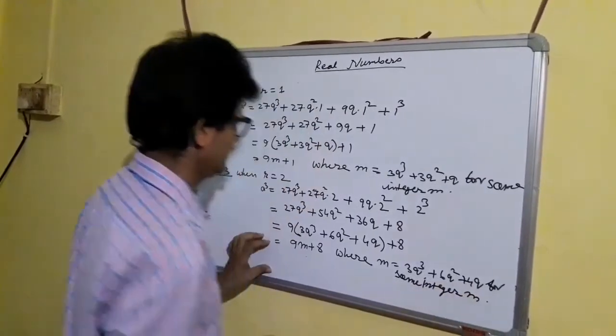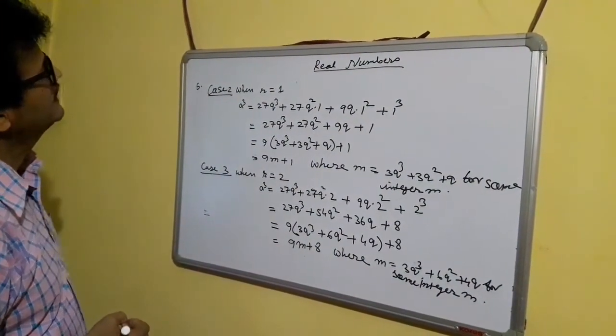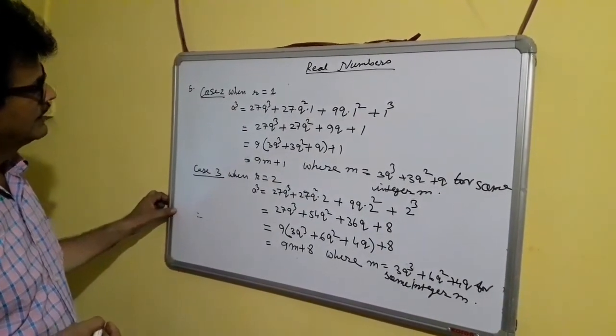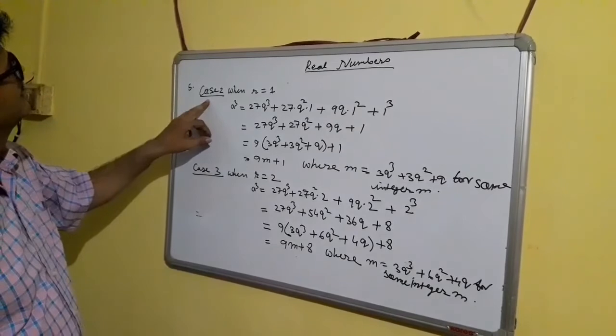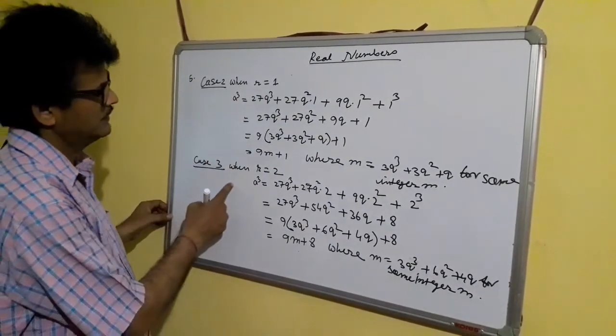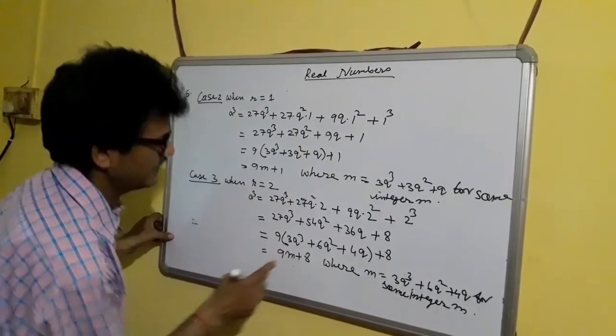So we see that in the first case a cube is equal to 9m. In the second case a cube is equal to 9m plus 1, and in the third case when r is equal to 2, a cube is in the form 9m plus 8.